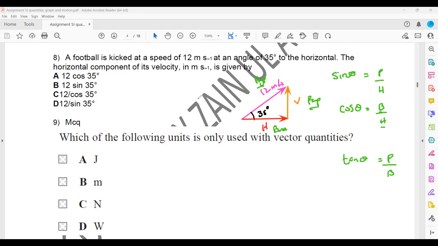So we can say that cos 35 is equal to the base, which is the horizontal component, which we don't know, divided by the hypotenuse, which is 12. 12 is divided, so on the other side it will be multiplied. So this equals 12 cos 35. So the horizontal component is always with cosine and the vertical component is always with sine.